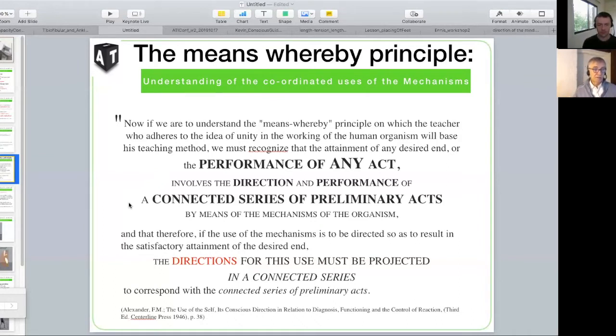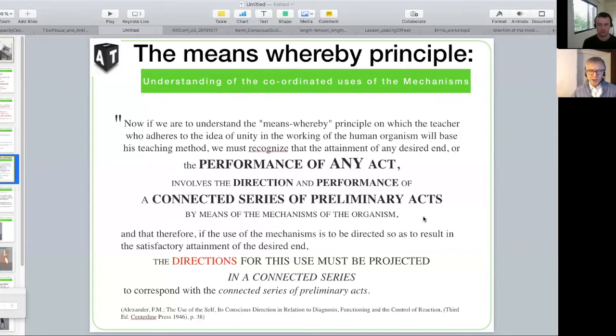So you will find that when an act involves the whole self, there are movements involved. But Alexander is not talking about the movements involved. He's talking about the activity of the person that is making the movement. And he's saying that the performance of any act involves the direction, and that is a mental thing, yes, and performance of a connected series of preliminary acts by means of the mechanism of the organism.